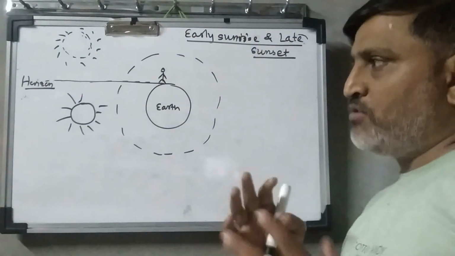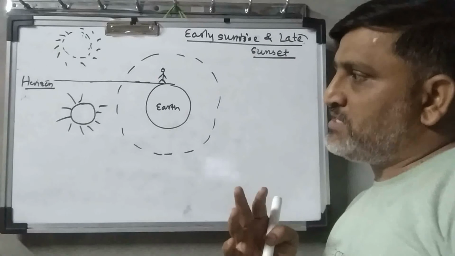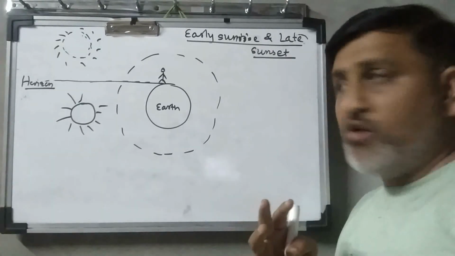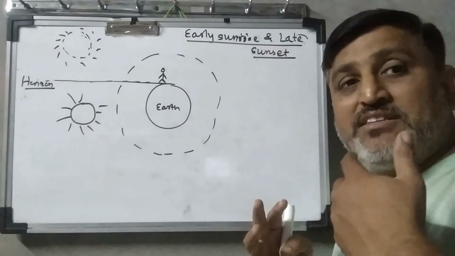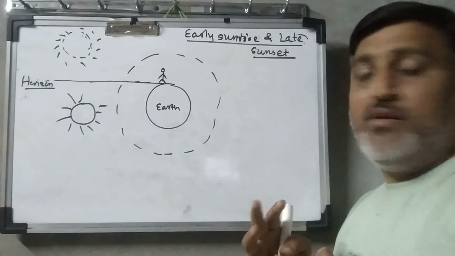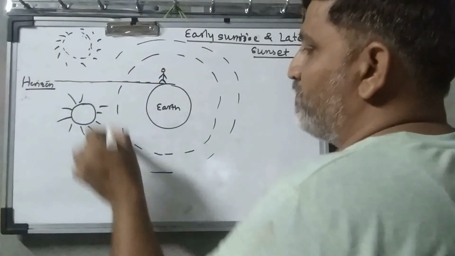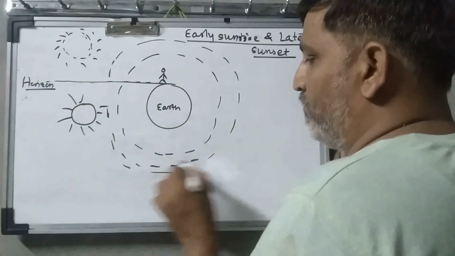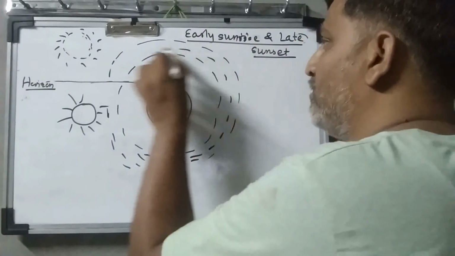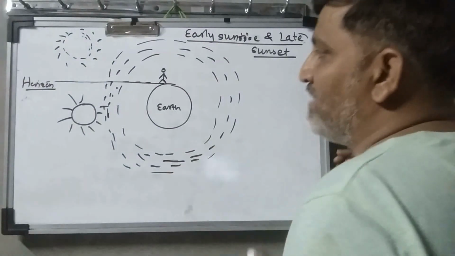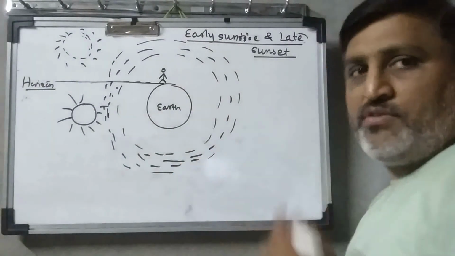Now when the sun starts shining early in the morning as well as at sunset time, the air layer in the upper portion is warmer than the layer below it.